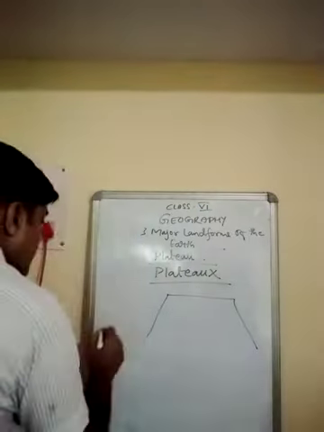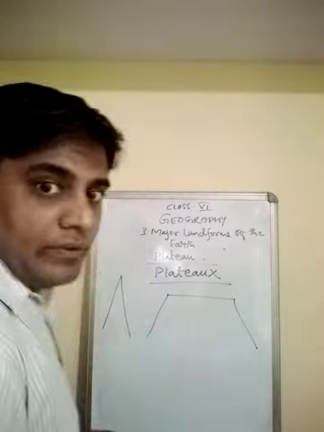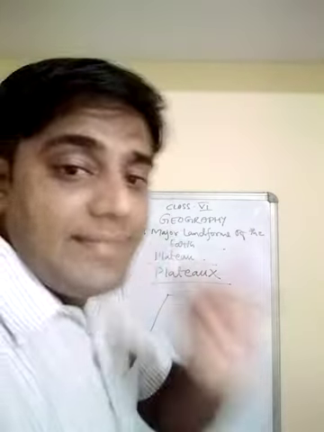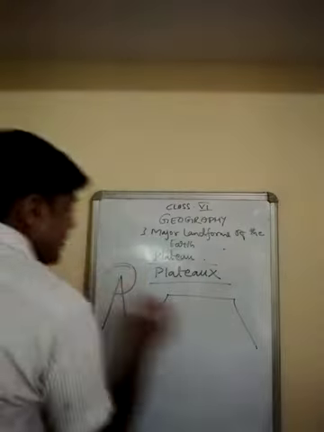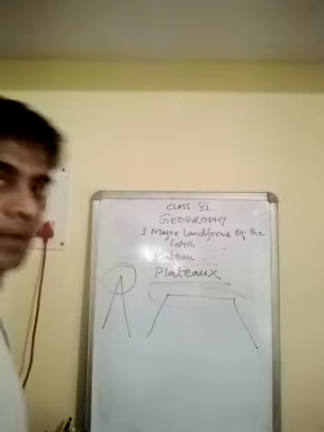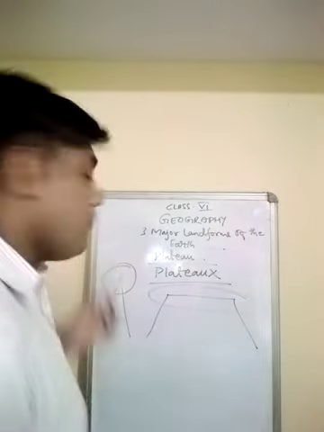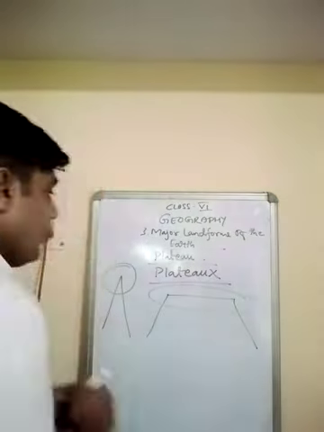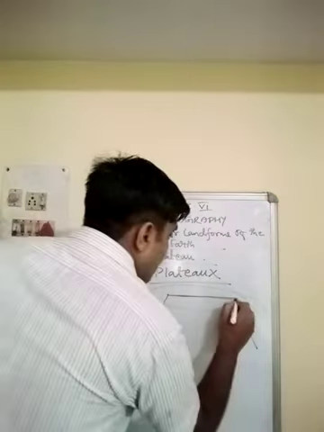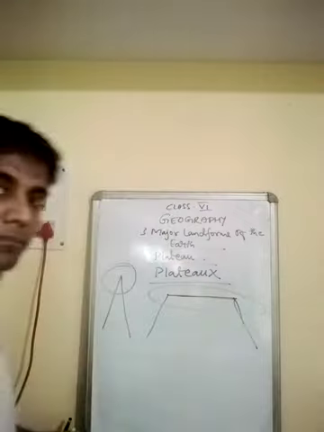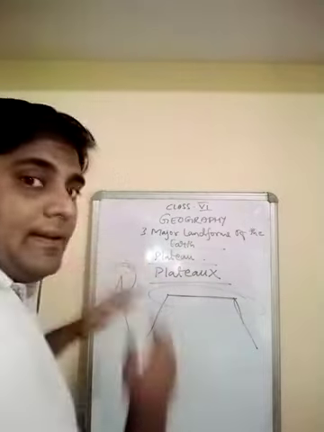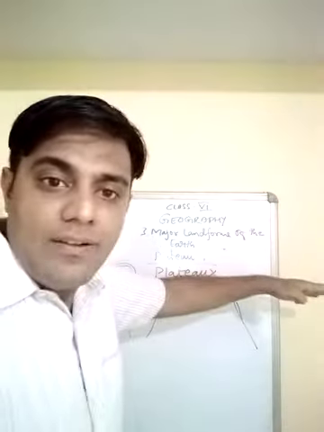But between mountains and a plateau, the basic difference is of their summit, of their peak. Whereas most of the mountains have pointed peaks, plateaus have a flat table top. They are not pointed, they are flat on top.